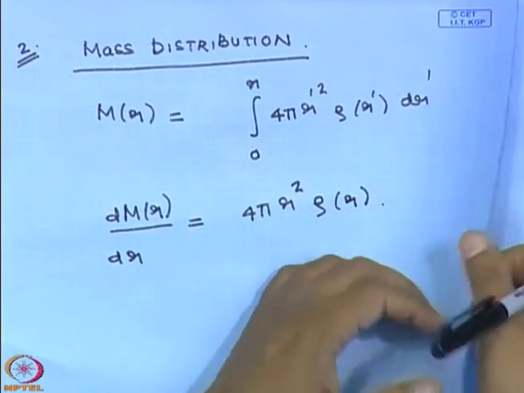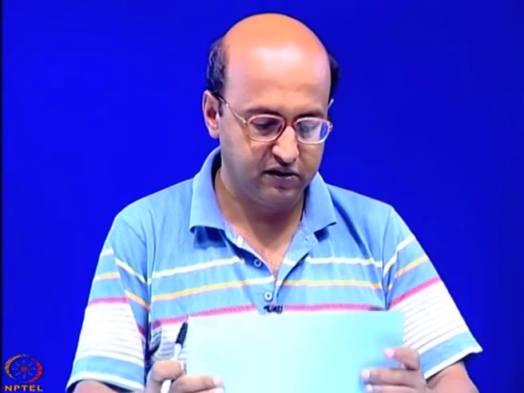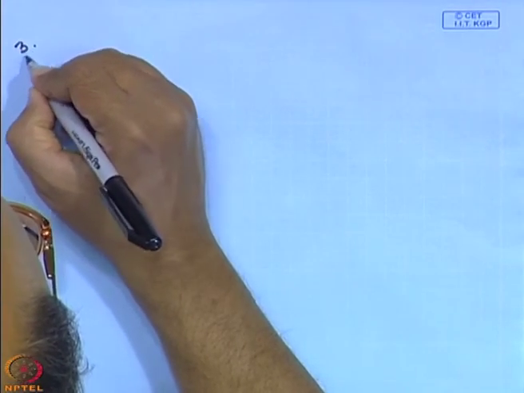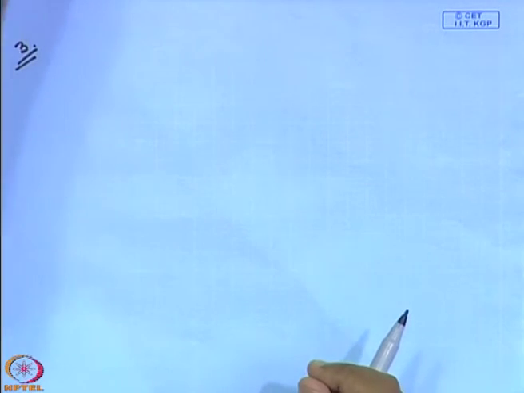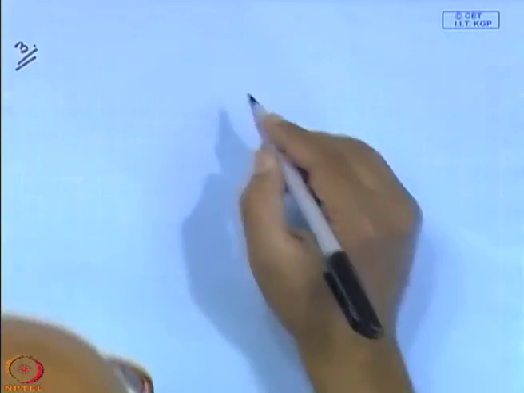The third equation of stellar structure is the flow of energy. Okay. So, it is essentially the flow of energy.